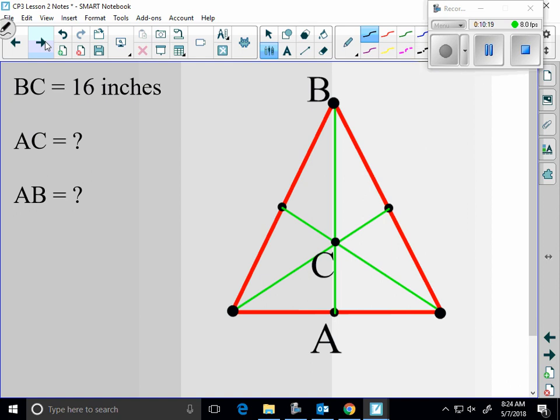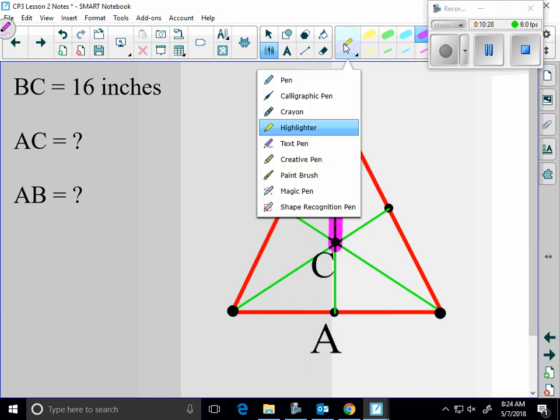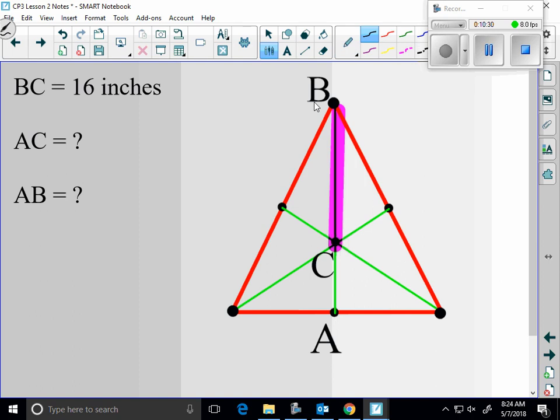All right, so let's look at an example on the next one. If I know that BC, this length right here, is 16, what does that make AC? 8. And then of course AB, what would AB equal then?